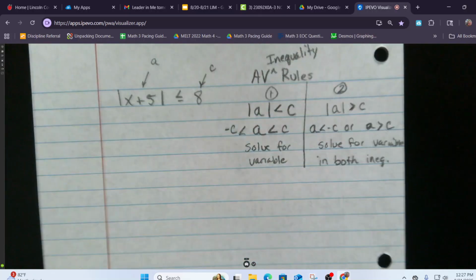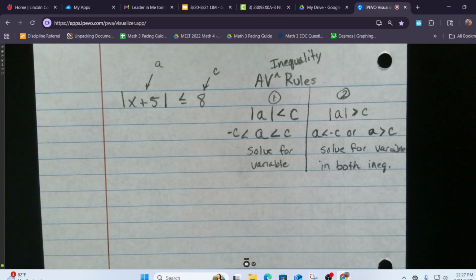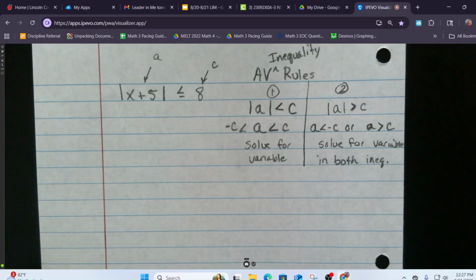Can anybody tell me what the first thing to do here is? You don't have to tell me. How many people know what to do from here? Okay.